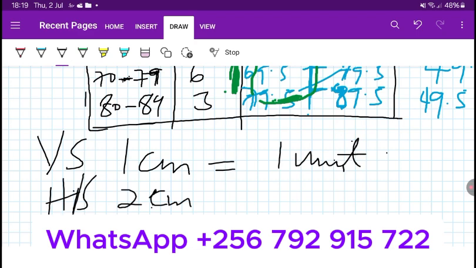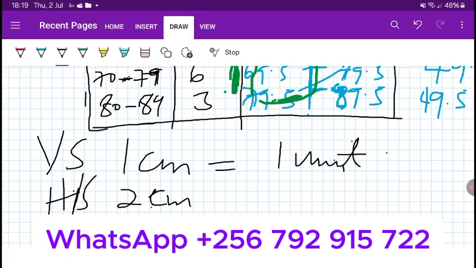One of the best ways for you to get a scale is you just get the range and then you divide by how many squares are on the horizontal. If you count, maybe you want to use 10, maybe you can count the centimeters. You may say, I'm going to use 2 centimeters. Then you count how many 2 centimeters are available on the horizontal scale.